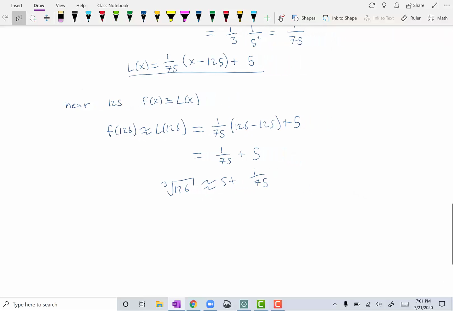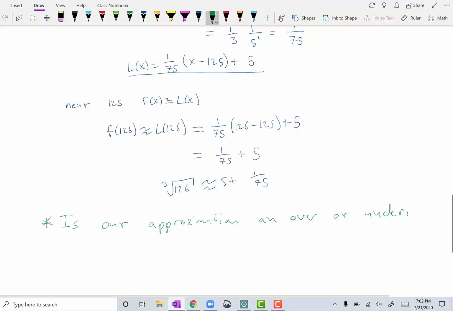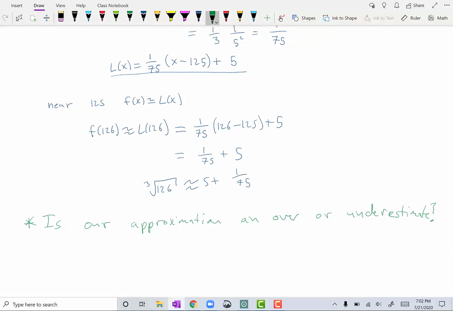Now, another bit to this would be to answer the question, so our answer, this is not the exact answer, right? So we could ask, is our approximation an overestimate or an underestimate? Is the number we found too big or too small compared to the actual value? And how can we figure out which of those it is without actually using a calculator?